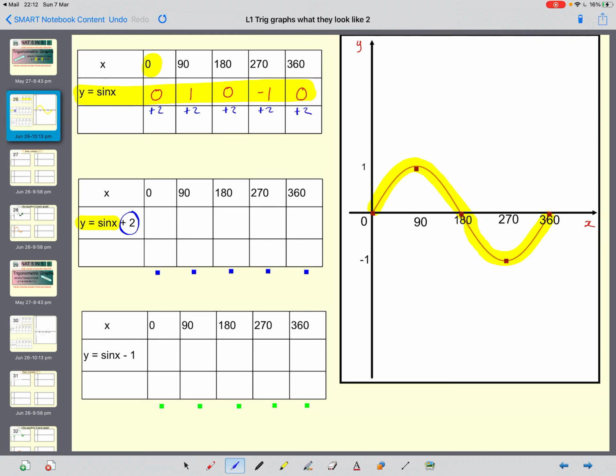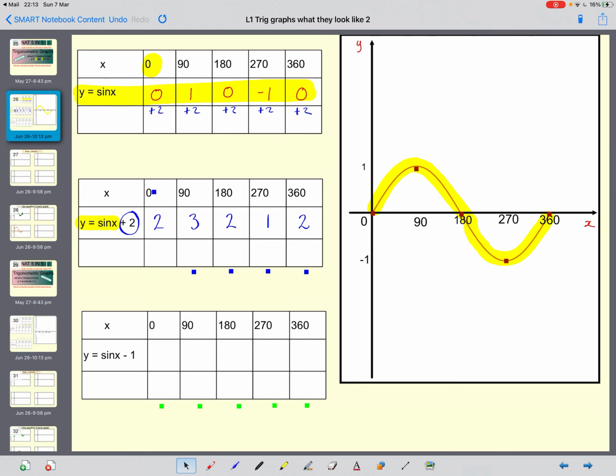So 0 add 2 is 2, 1 add 2 is 3, 0 add 2 is 2, -1 add 2 is 1, and 0 add 2 is 2. Now I would take each of them and plot them.